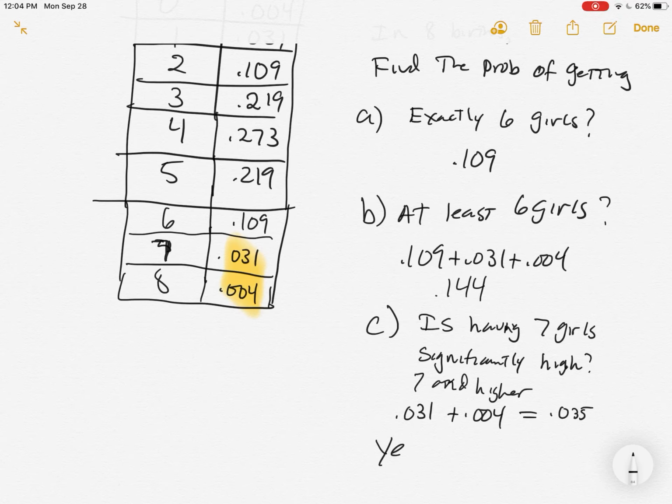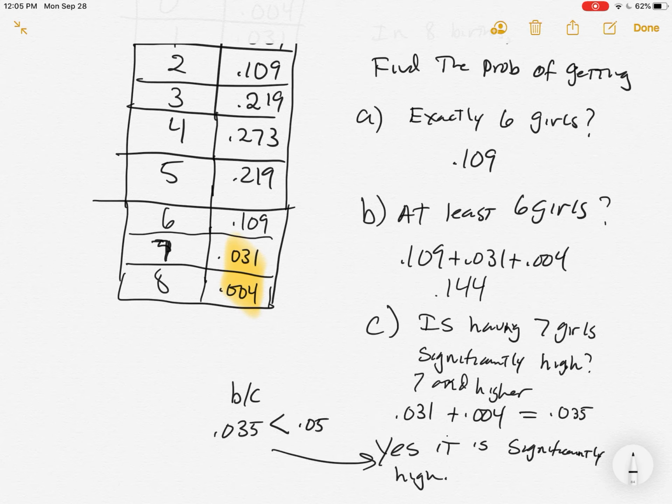And the answer is yes, it is significantly high. It has a very low probability of happening. How have we defined low? Less than 0.05. So because 0.035 is less than 0.05, the answer is yes. If it wasn't, then we would say no.